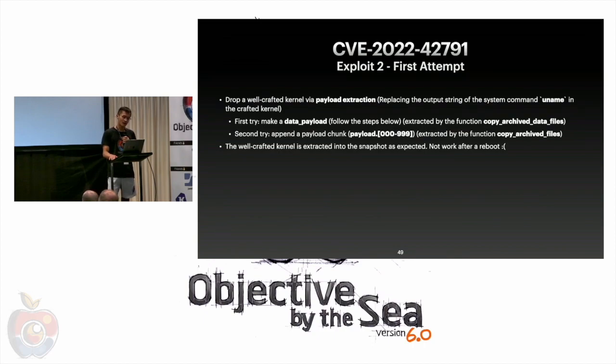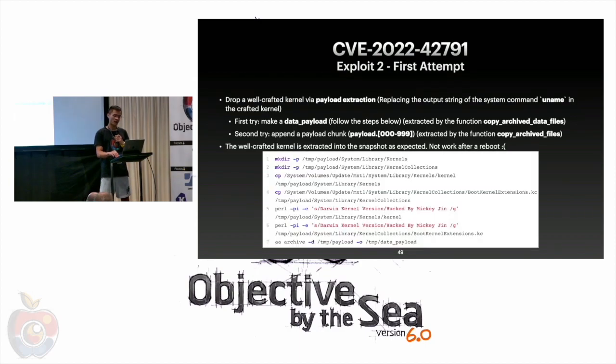So the second exploit is to hijack the OS kernel file. My first attempt was to drop a crafted kernel file via the payload extraction functions. The steps to make a crafted data payload are as follows. First, copy the original kernel file to a writable location.